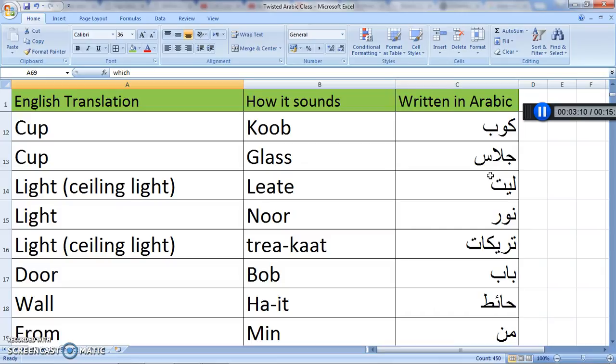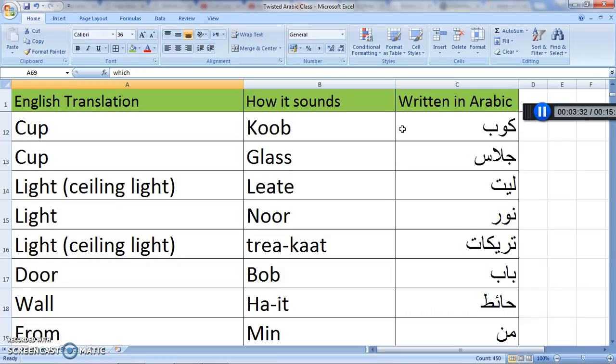Alright, so today, cup. Well, in Arabic we have more than one way to say cup, okay? The classical way of saying cup is kub, okay? That's the first one we have here. So kub mai, mai being water. So kub mai is a cup of water.